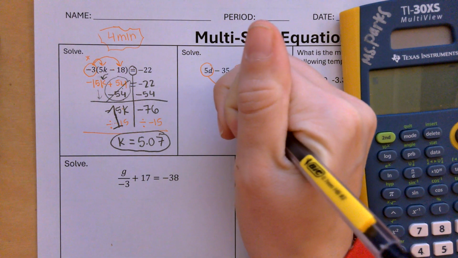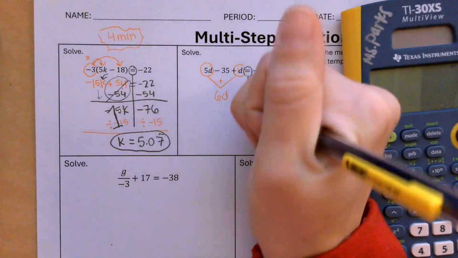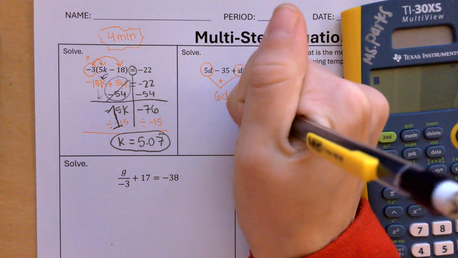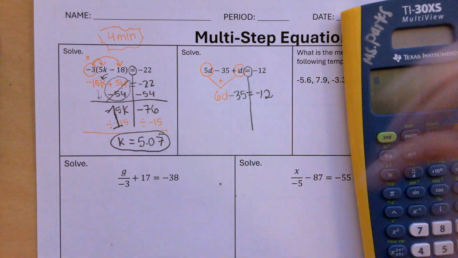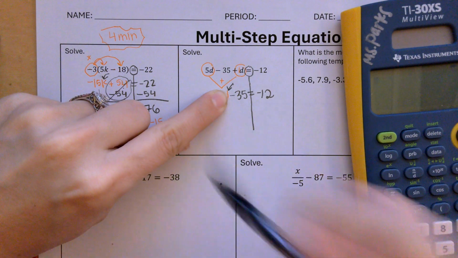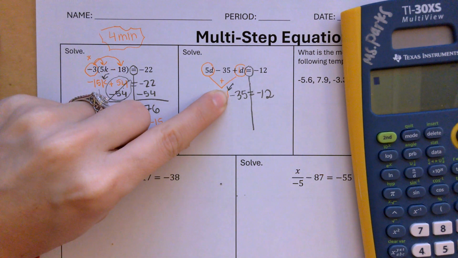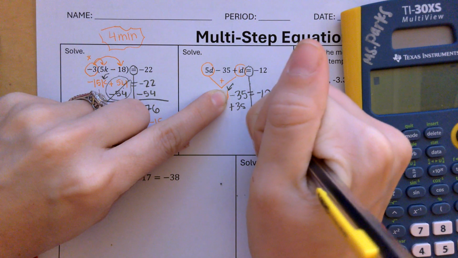Then negative 35, a lot of people want to add those together, but we cannot cross the equal sign. So we're just going to put minus 35 equals negative 12. We're solving for the letter D, so that gets frozen, and we need to get rid of minus 35. To get rid of minus 35, we're going to add 35 to both sides.